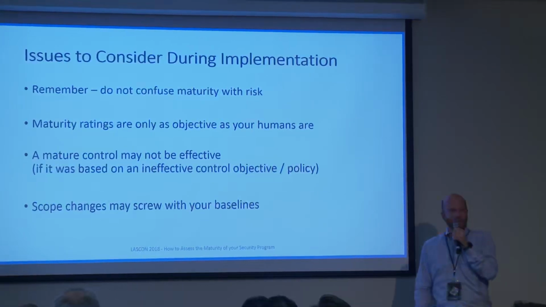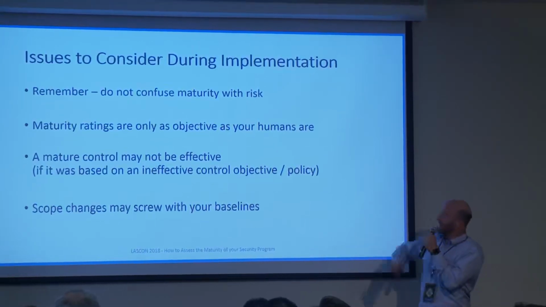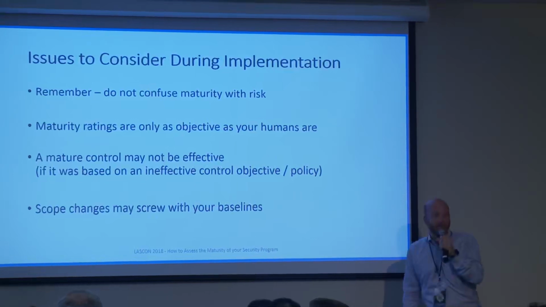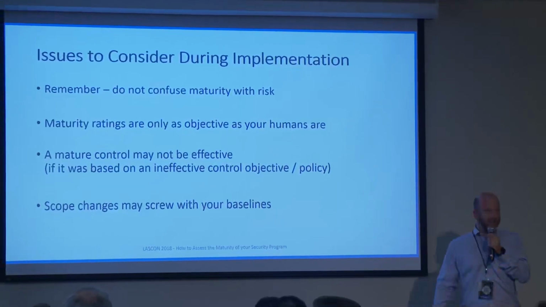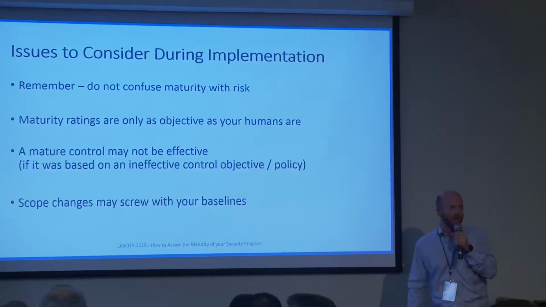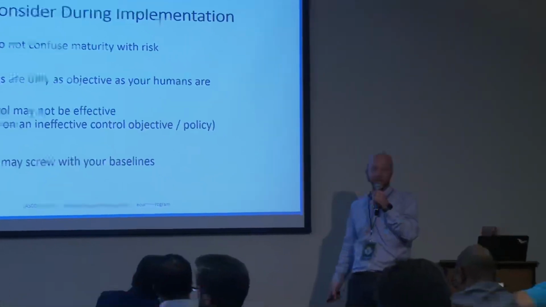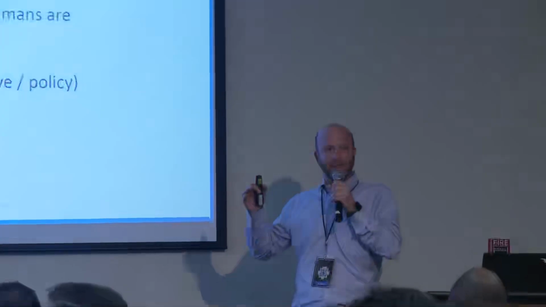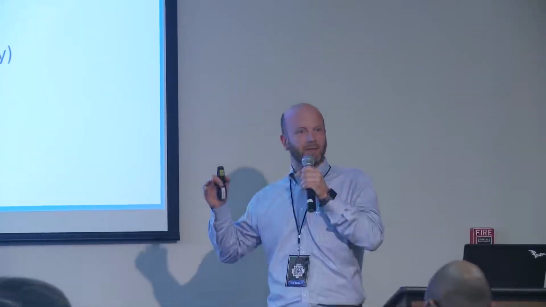And the last thing on here, sort of obvious, but maybe not: scope changes may mess with your baselines. If you add a completely new environment, maybe you acquire a company or whatever, that is now subject to your security program, then that may be less or more mature than the previous environments you were managing.